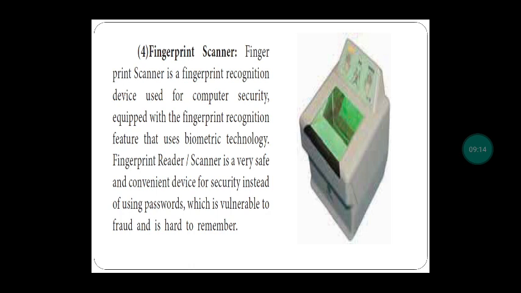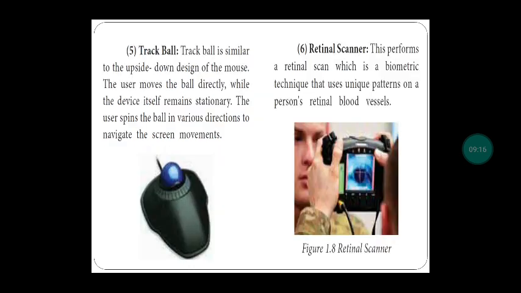Next input device is the trackball. This trackball is similar to an upside down design of the mouse. In the mouse, the ball is in the under part, but in the trackball, the ball is on the top. So by rotating the ball, the signals will be passed and it behaves as an input device.